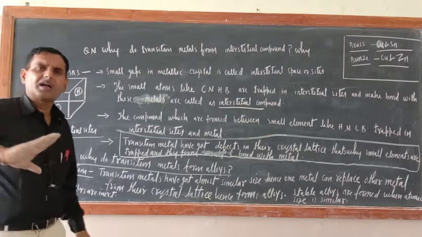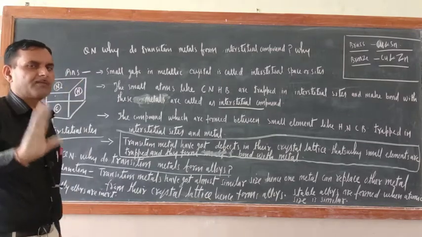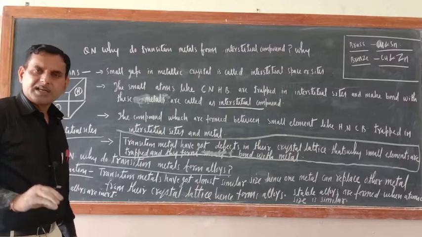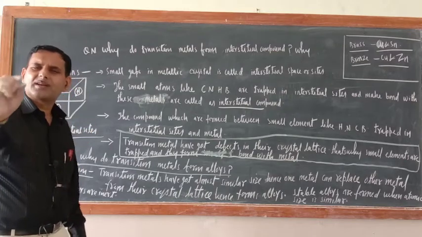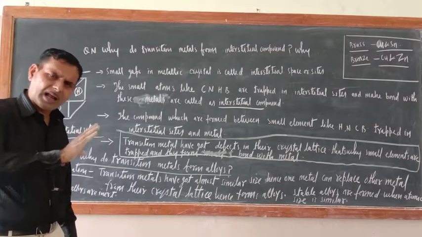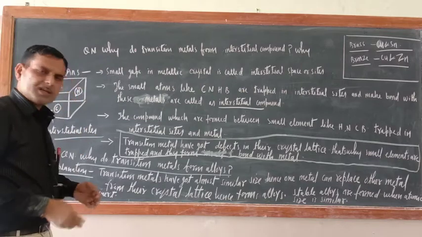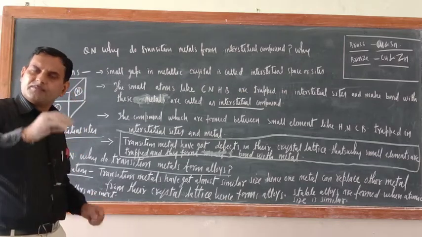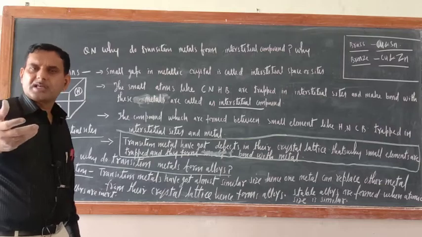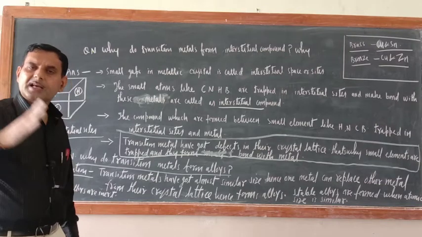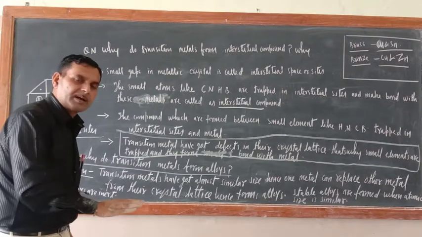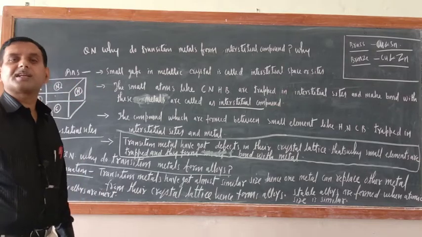Just try to understand. Almost all transition metals, I am talking of the first transition series, have almost similar size, with just a little bit of difference. When they are forming alloys, one metal can be replaced by another metal in the crystal lattice very easily.